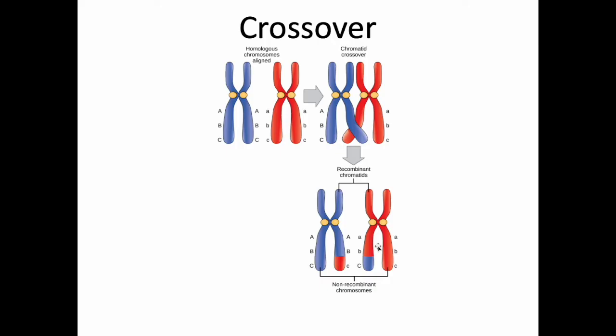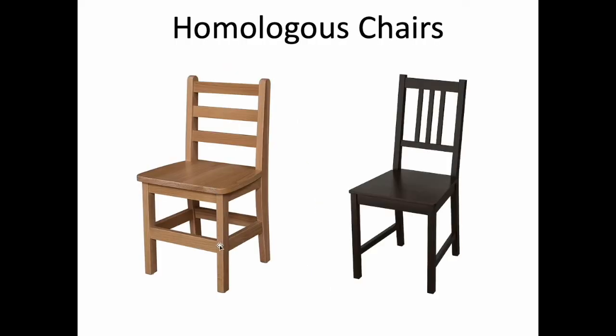Crossover is exactly what it sounds like. It's when these homologous chromosomes swap a little bit of information with one another. If we were looking at chairs, I would rip off this front left leg and swap it with this front left leg. You're left with 2 still completely functional chairs, but they've swapped a couple of parts with one another.